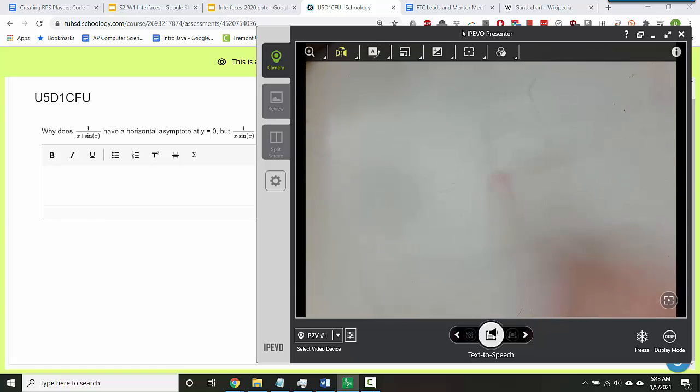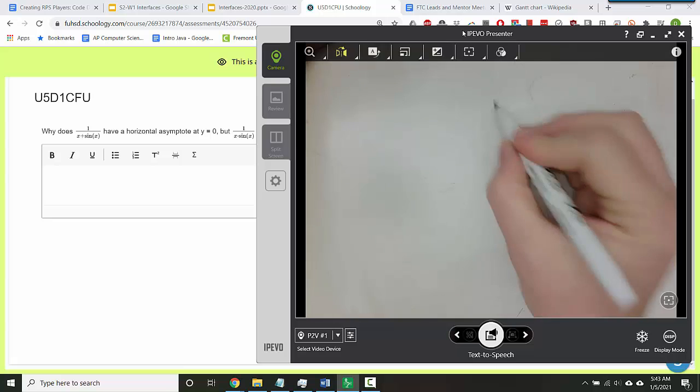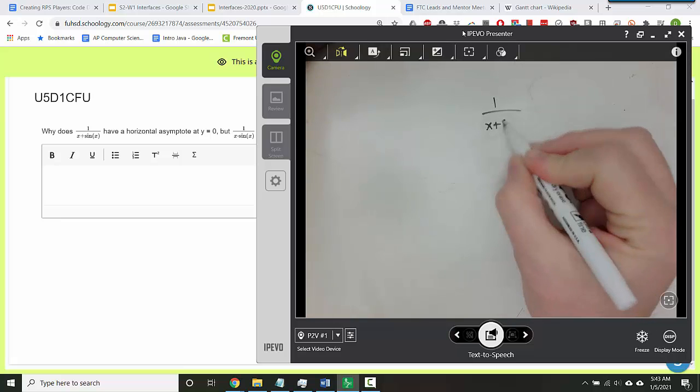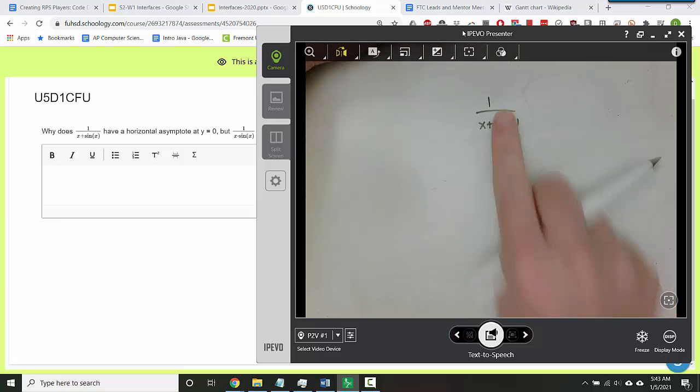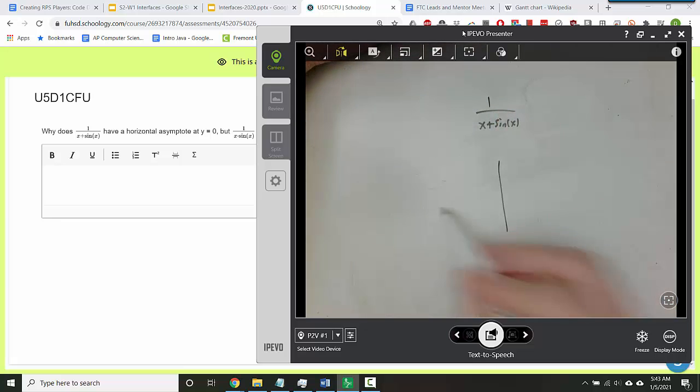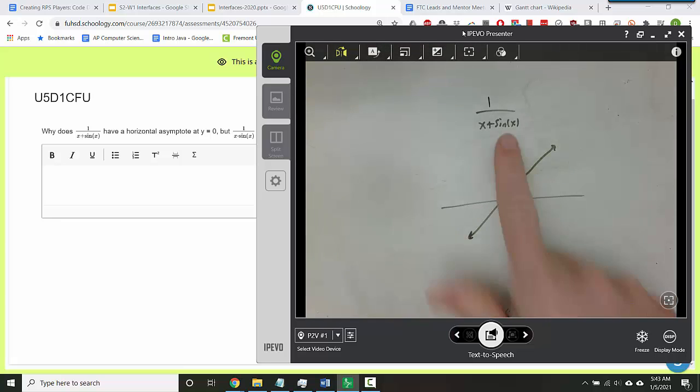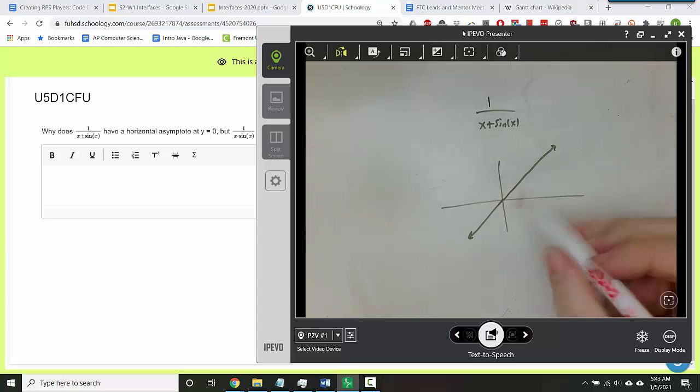So let's take a look at our specific case here. We've got 1 over x plus sine x. What does this look like? If it was just 1 over x, it would look like this. However, I'm adding sine x, and you know that sine x is going like this. It's oscillating up and down.